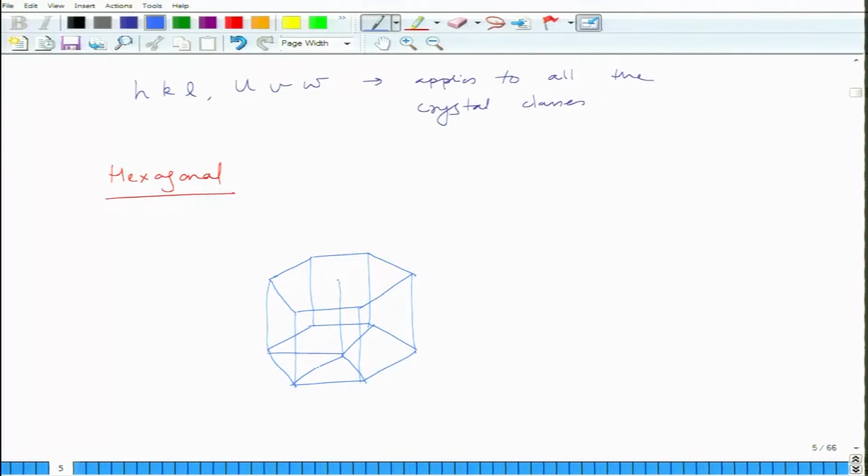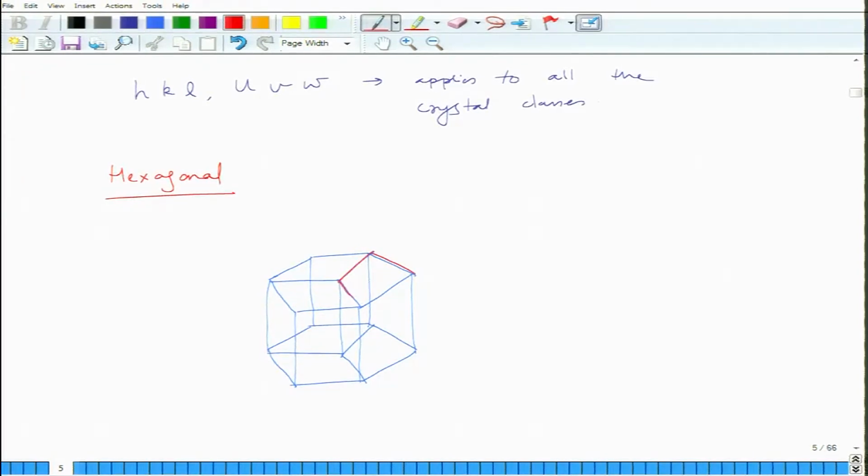Now, the hexagonal system can be represented not only by this individual unit cell which is here. This is the individual unit cell.